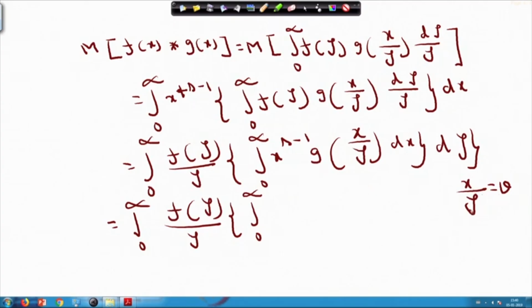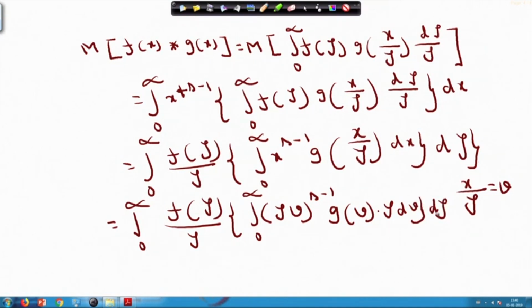So, your x is η times v. Therefore, it will be (ηv) to the power s minus 1 into g(v), since g(x/η) is nothing but g(v), and dx will be η dv, and dη will come.